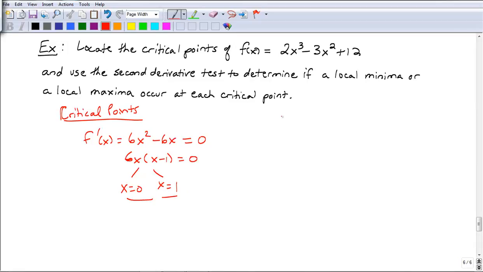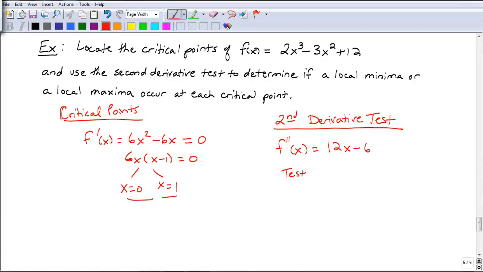Now to use the second derivative test, what is this test for? Well, it tests to see if maxima or minima occur at these critical points. So I have to take the second derivative, which is 12x minus 6. And then I test my critical points that I found before. I plug in 0 into the second derivative.